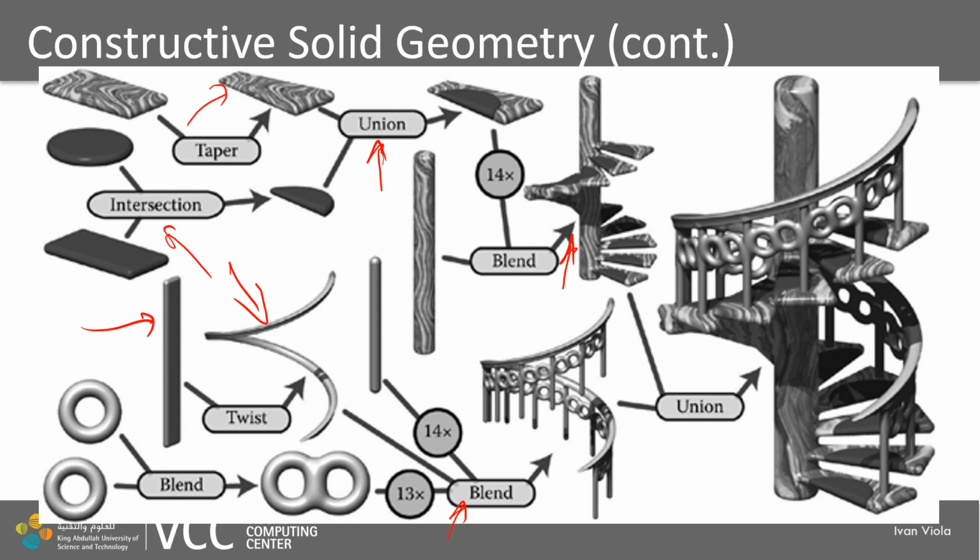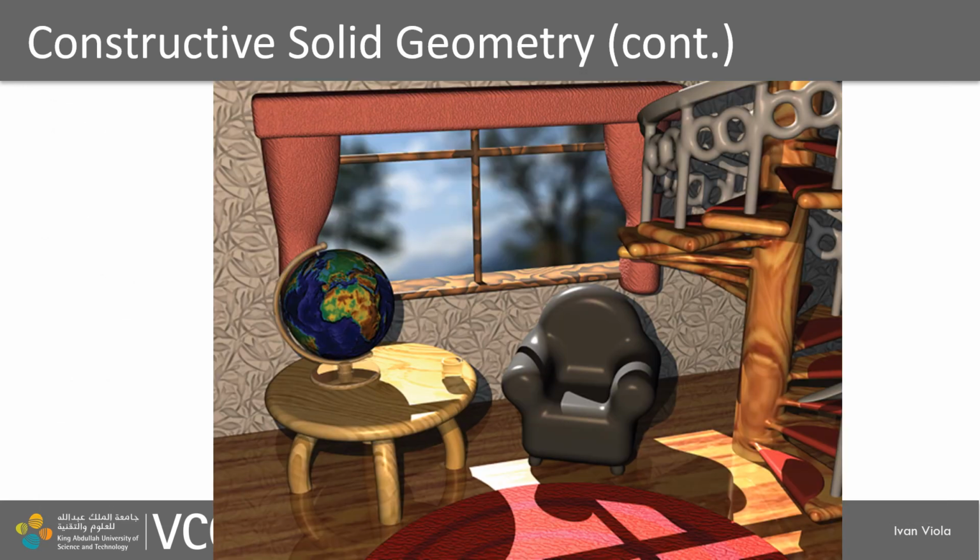This way we can generate quite complex geometry of a staircase, for example. This staircase is nicely blended together, as we can see here. And in this scene, you can see that all objects are pretty much defined by the implicit representation.